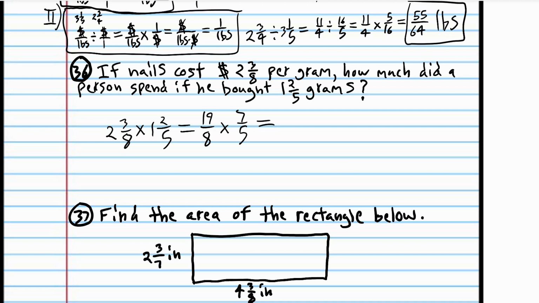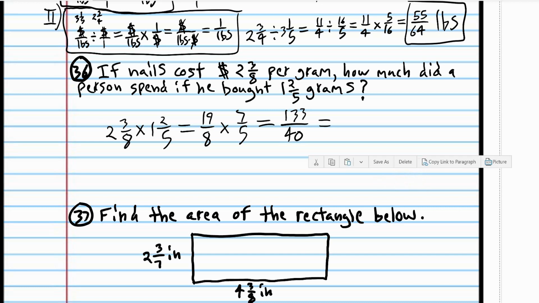And I don't see any common factors, so 7 times 19 is 70 plus 63 is 133, I believe. 8 times 5 is 40. And how many times does 40 go into 133? I think it goes 3 times, because 40 times 3 is 120. 133 minus 120 is 13.